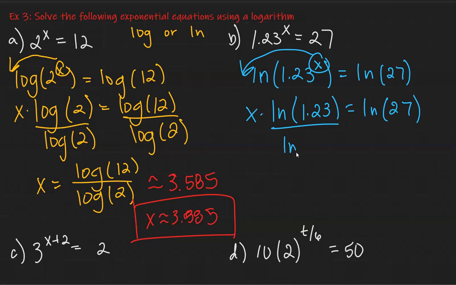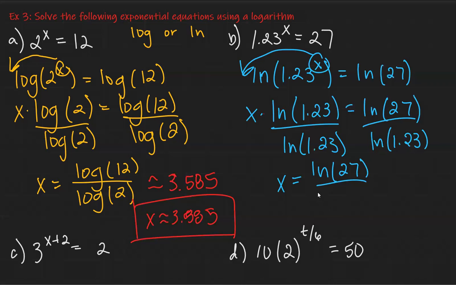I divide this over because it's eventually just going to give us a number. Don't let the natural log scare you. It's just going to be a number eventually. So divide it over. x is equal to natural log of 27 divided by the natural log of 1.23.